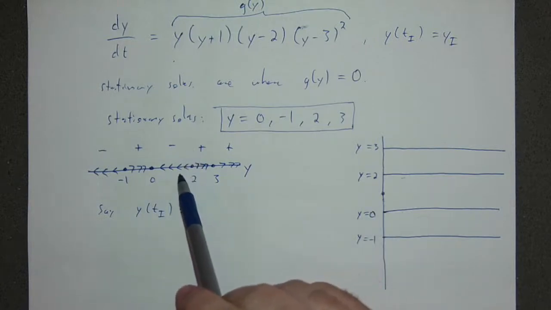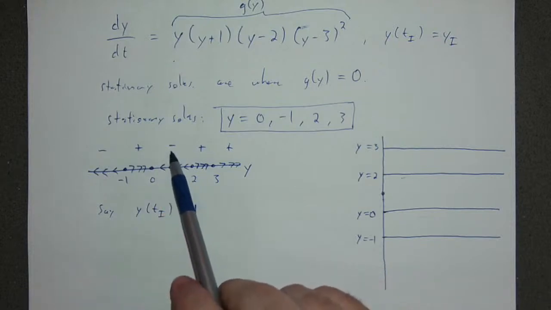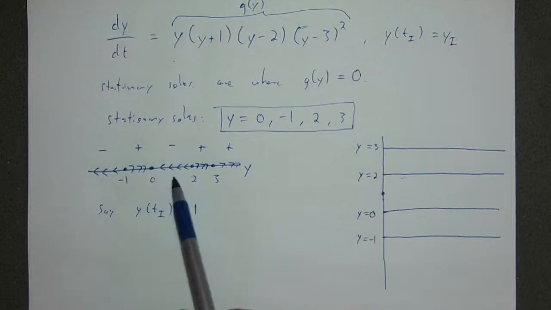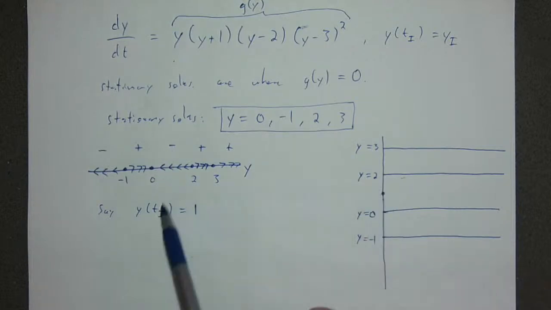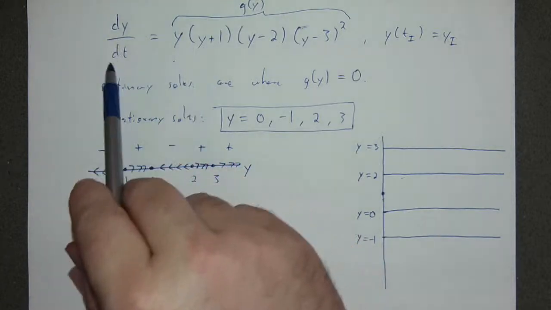These arrows indicate a motion toward 0. Another way of thinking about this is because the sign here is minus everywhere on this interval between 2 and 0, this sign is minus. Well, that sign is the sign of dy dt.